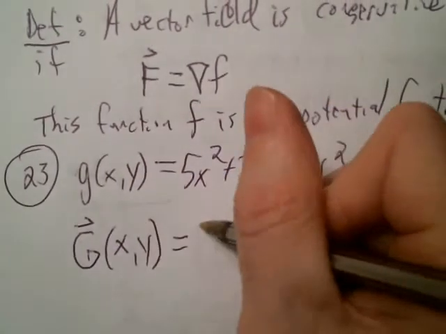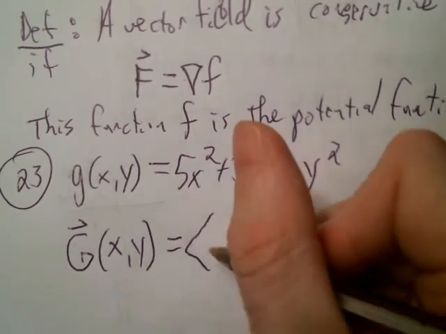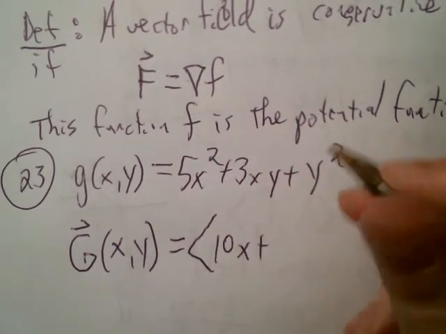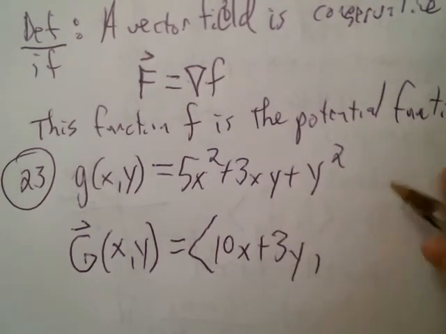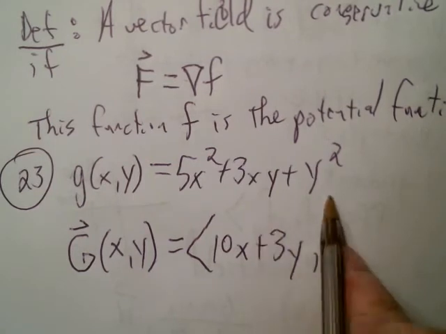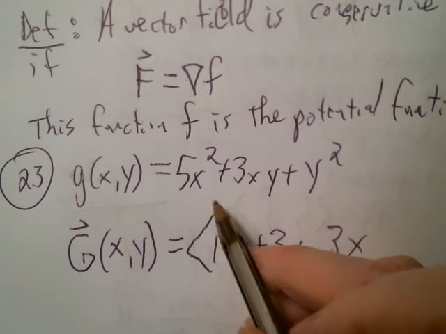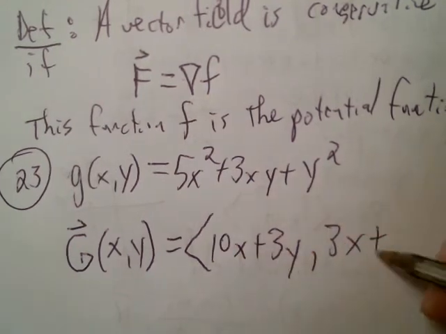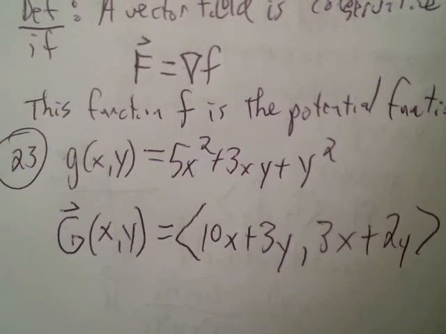Okay, so the first component is the derivative with respect to x. So it would be 10x plus the derivative of this with respect to x is 3y. And then the derivative with respect to y is going to be, well, 3x. This will just be 0. And then plus 2y. Okay, so fairly simple, just getting a gradient.